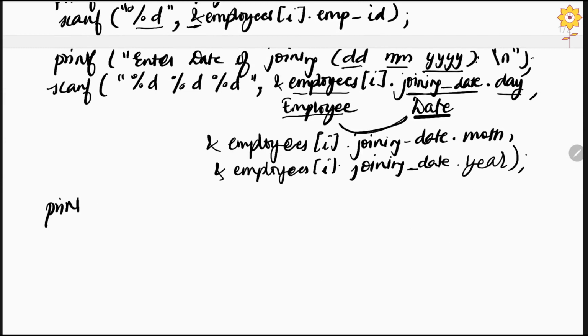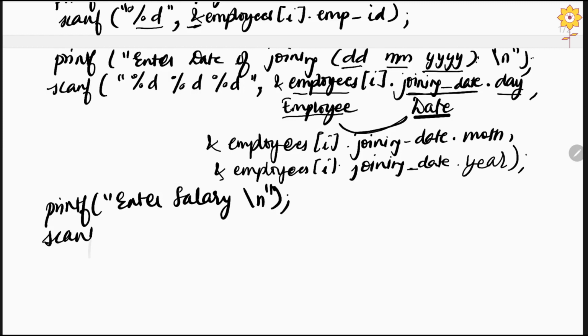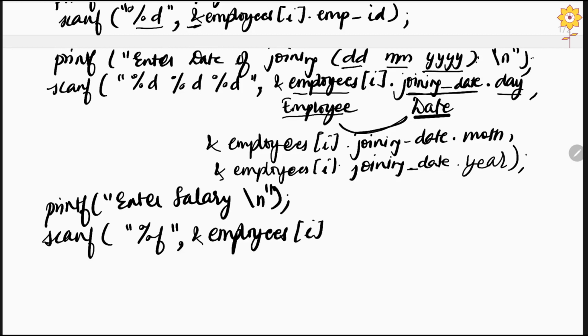So we will write a printf statement, and then we will ask them to enter salary. So for that we will write scanf, and here since it is of float data type, we will write %f comma ampersand structure instance, that is employees i dot the salary variable that we have created.